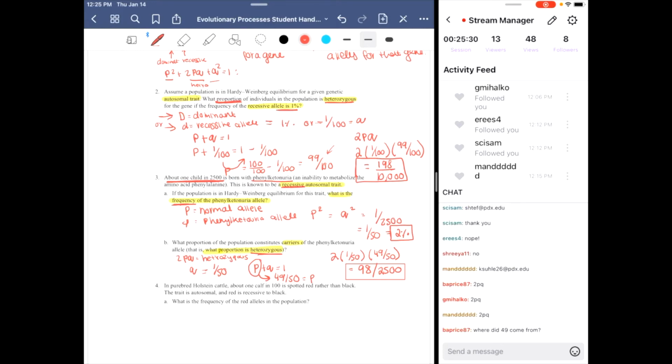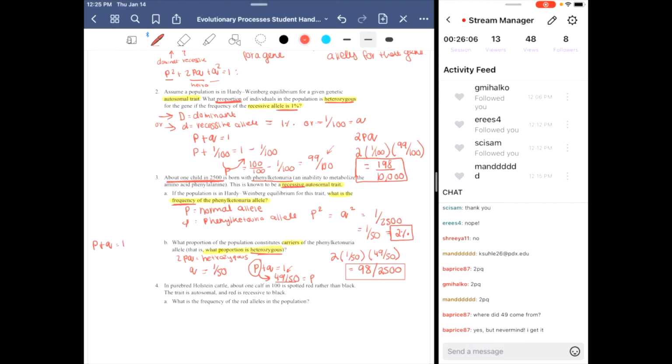Oh, where did the 49 come from? Are you talking about this 49 over 50 right here that I just underlined? Okay, yeah, just in case other people were confused. So what we did was p plus q equals 1.